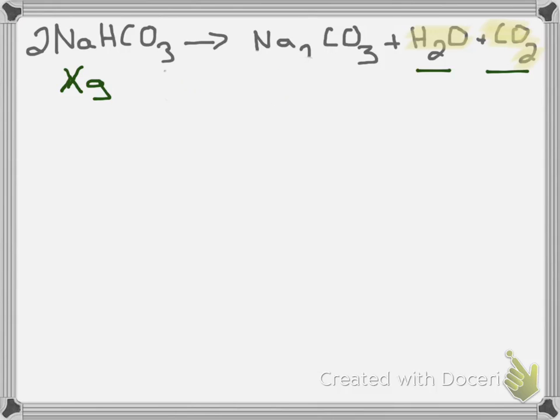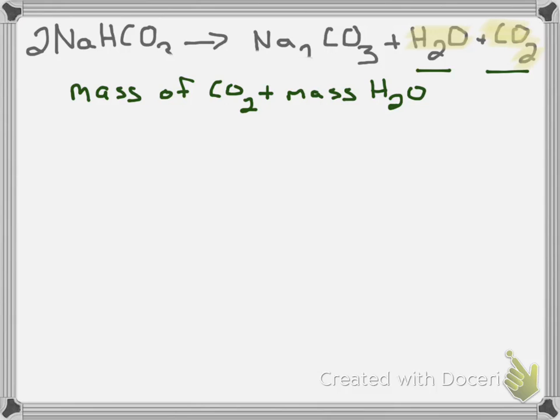So if we wanted to calculate that mass loss, we could simply say that the mass of the CO2 produced plus the mass of the water produced should equal the total mass loss, because the bicarbonates will break down to the carbonates, but the carbonates won't break down any further. Mass of CO2 plus mass of H2O equals the total mass loss.